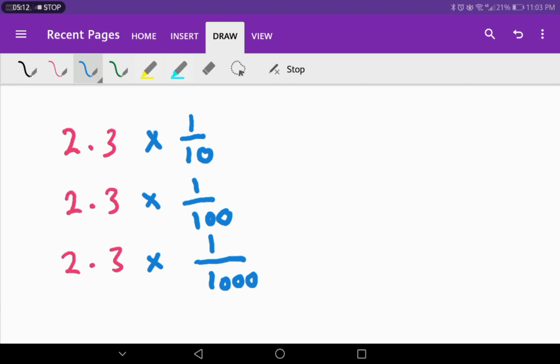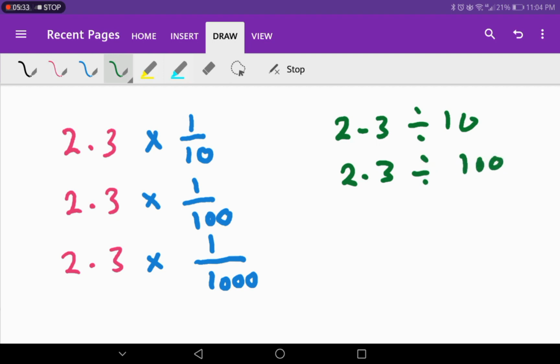Okay, if you multiply by 1 over 10, that's mean you do the same thing like this one. 2.3 divided by 10. If you multiply by 1 over 100, that's mean you divide by 100. Great. If you multiply by 1 over 1000, that's mean you divide by 1000, my dear students.